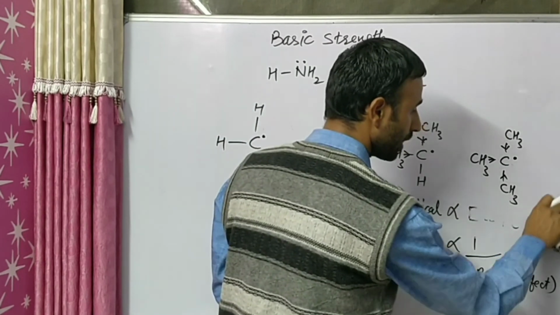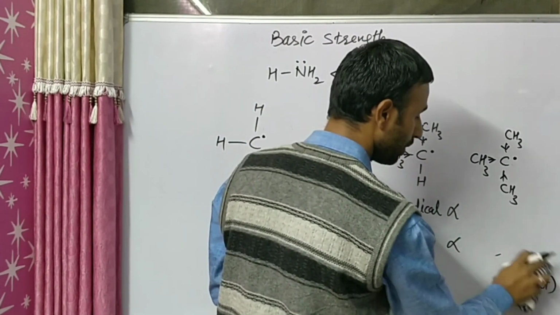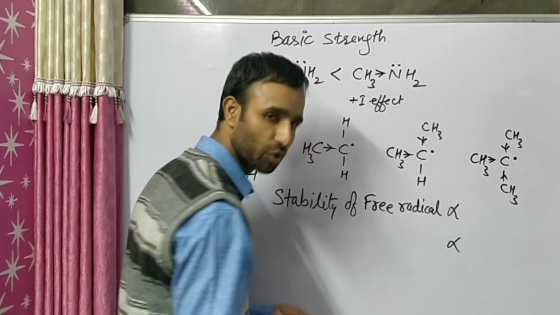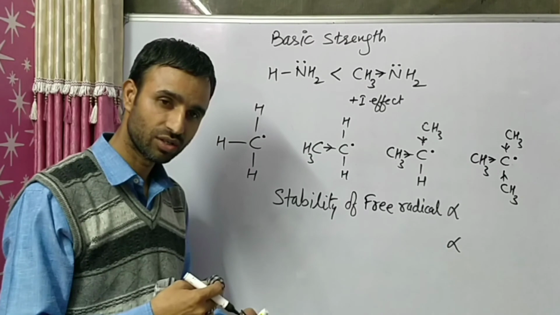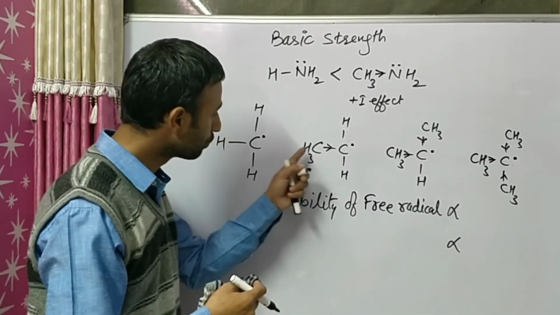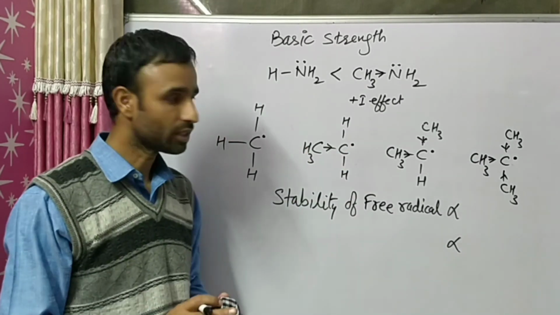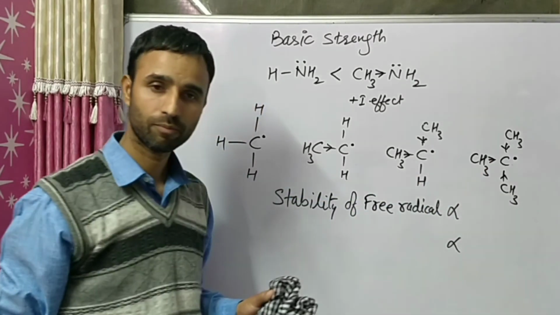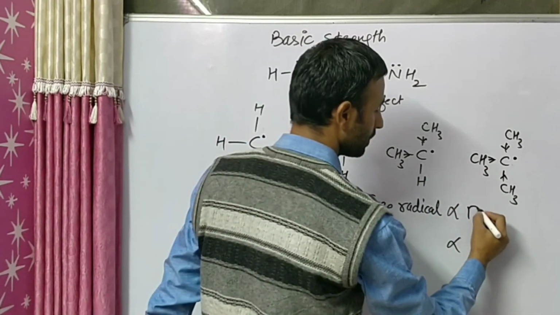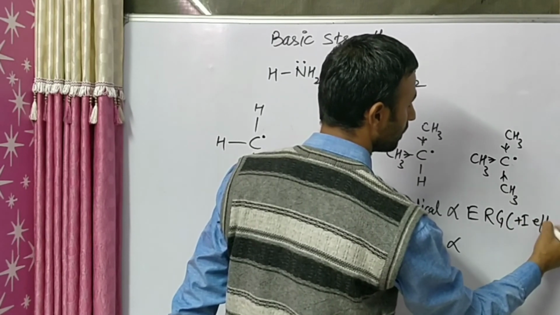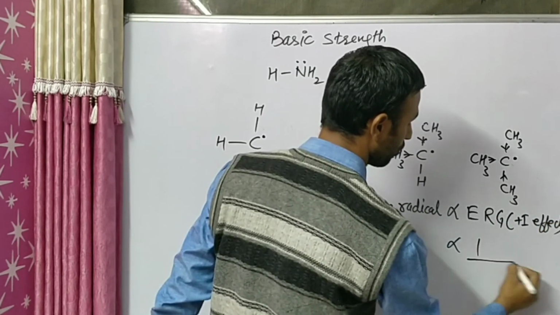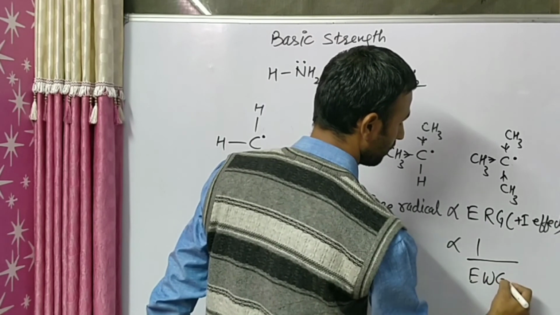So, an electron deficient species is unstable. Which group stabilizes it? A releasing group, which donates electrons to it. That means which one is most stable? Tertiary butyl free radical. Electron releasing groups stabilize it, and electron withdrawing groups destabilize it.